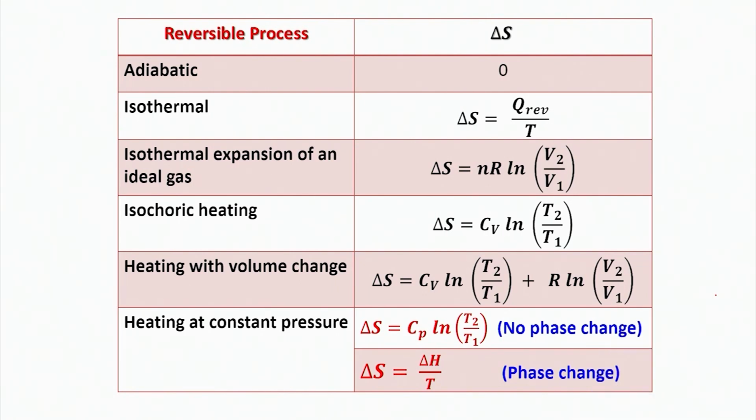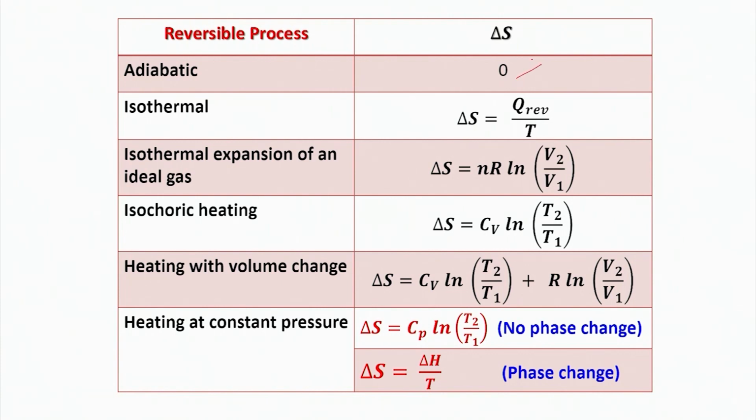Now, as we understand by definition, for an adiabatic reversible process, the amount of heat exchanged reversibly is 0. So, correspondingly, at all non-zero temperatures, delta S is going to be equal to 0.